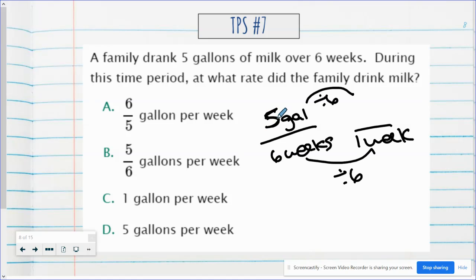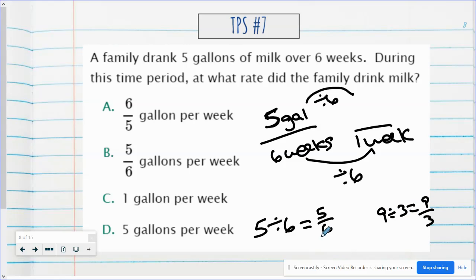Now, I know that this is going to be something less than 1. If you guys remember, a fraction and division are one and the same. 5 divided by 6, I could really write as 5 over 6. Just like 9 divided by 3, I could write as 9 over 3.